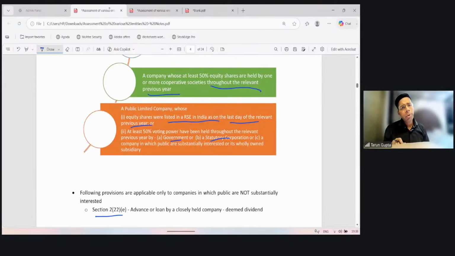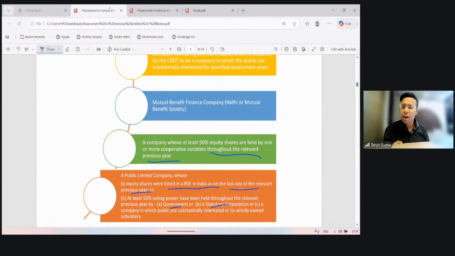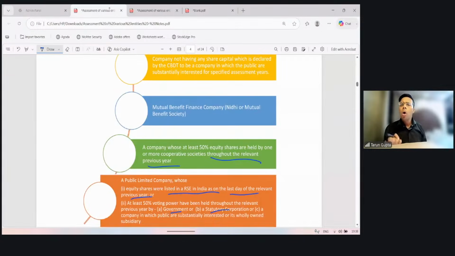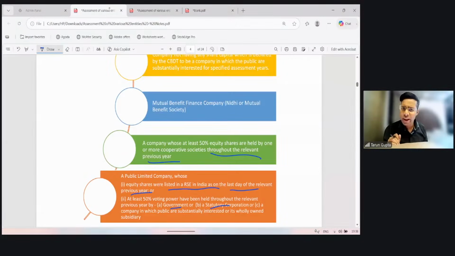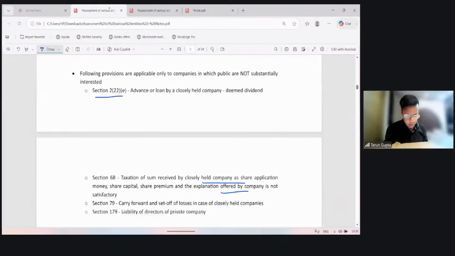It mainly includes the company whose shares are listed, or at least 50% of whose shares are held by the cooperative society throughout the previous year, or 40% shares are held by the government or the RBI or corporation owned by the government, or Section 25 or Section 8 companies, or mutual benefit finance companies, or any company which is declared by the board to be a company in which public are substantially interested. Okay.